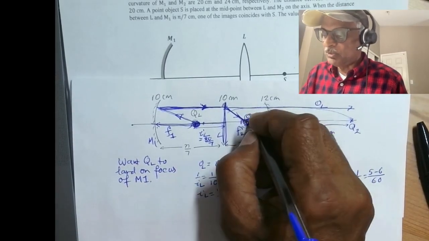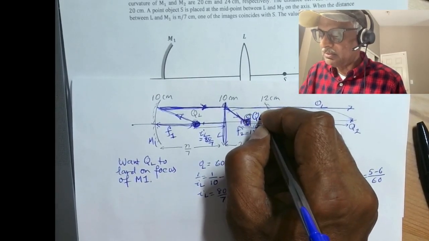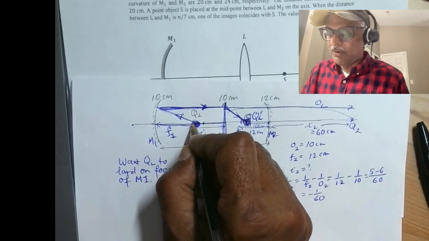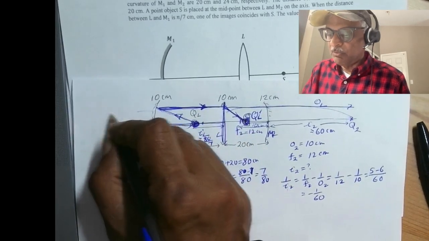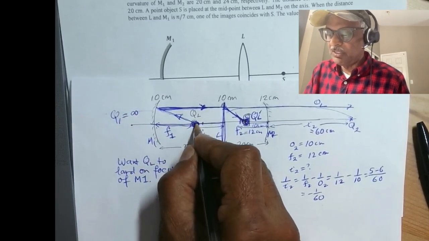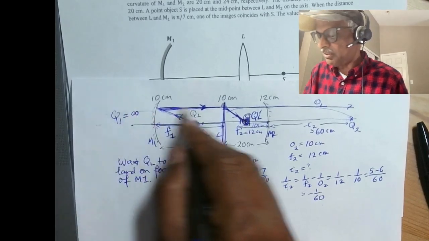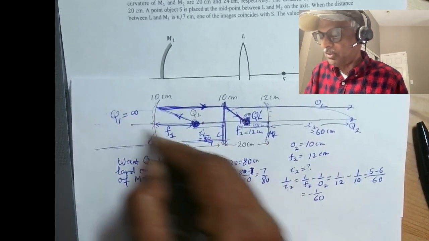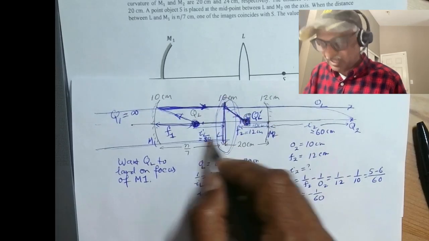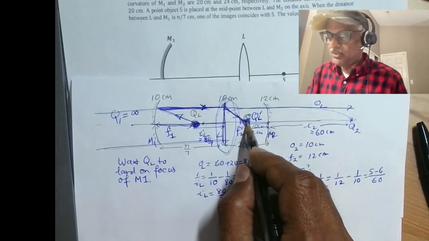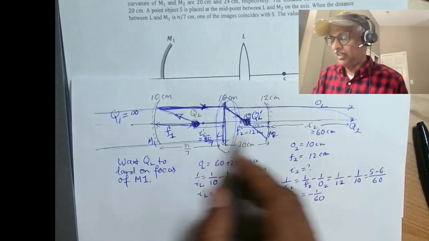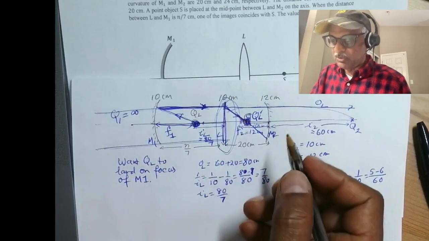So the image has to form at infinity, so that it's all coming parallel from infinity for the second time through the lens. Then the image will form here, and of course this will go on forever.